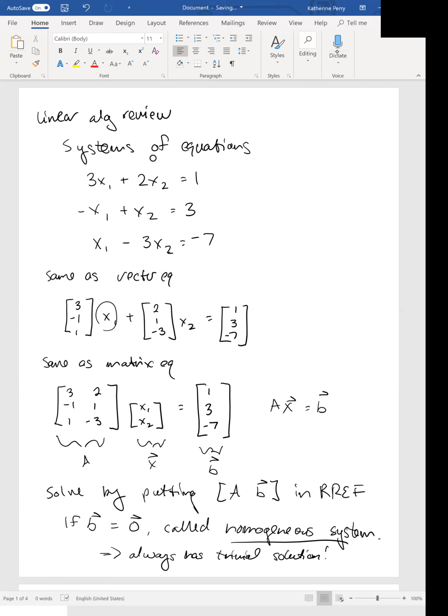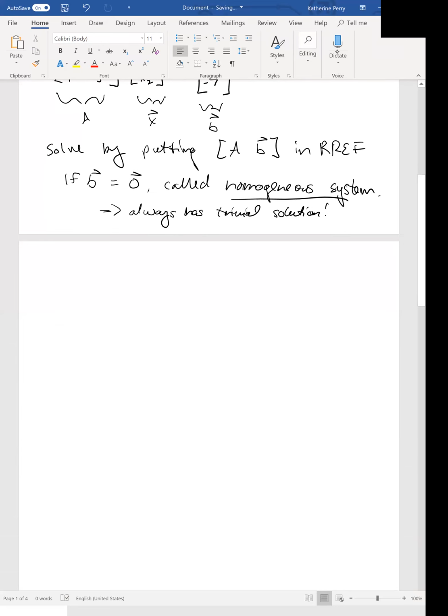To that end, we can think of the columns of A. If I write A as vectors a1, a2, up to ap, I can think of those as vectors. So the a_i's are the columns, our vectors.